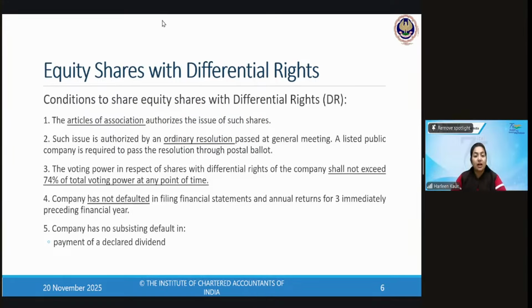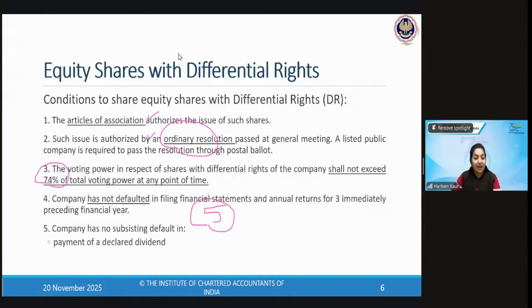For issuing DVRs, very good. Ordinary resolution is required, authorization by AOA, and the voting right in respect of DVRs shall not be more than 74% of the total voting power. Now, five defaults. I want you to tell me what defaults the company should not have made if it wants to issue DVRs.